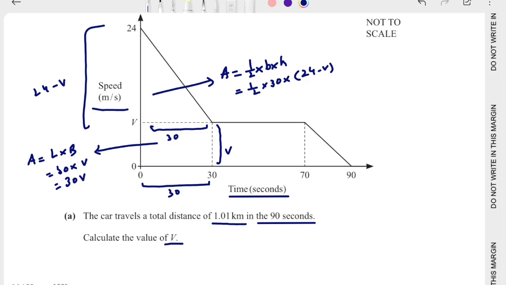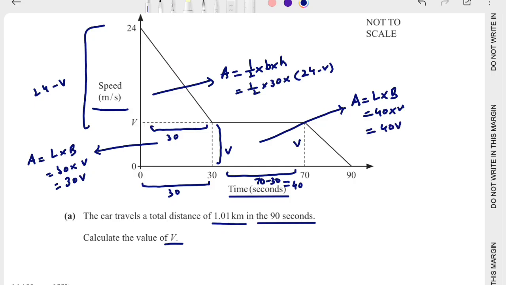Now look at the next shape, that is also a rectangle, this one, and area is equal to length into breadth, and length is over here. This is 70 minus 30, which is equal to 40, times breadth v, so it would be 40v. Now the last triangle area would be 1 over 2 times base times height.